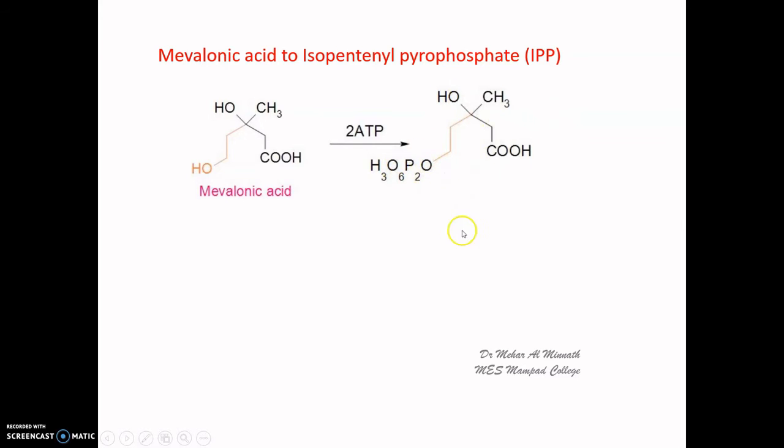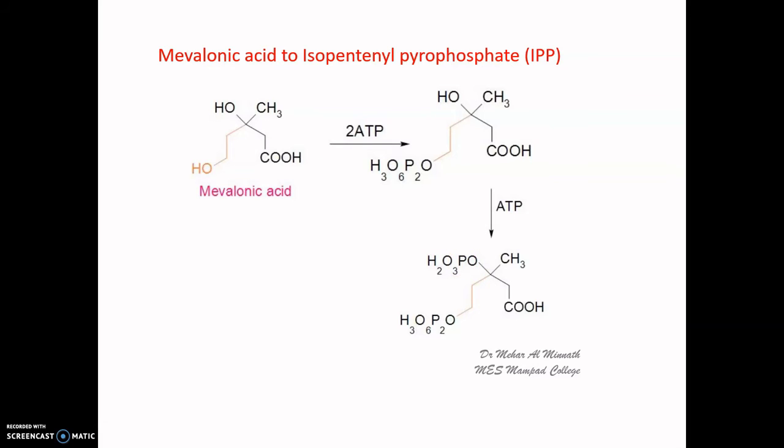The primary OH of mevalonic acid is phosphorylated. And then in the presence of another ATP molecule, the other OH is also phosphorylated. That is, the tertiary OH is also phosphorylated. So we have used three ATP molecules.